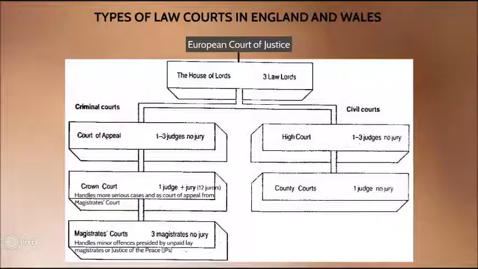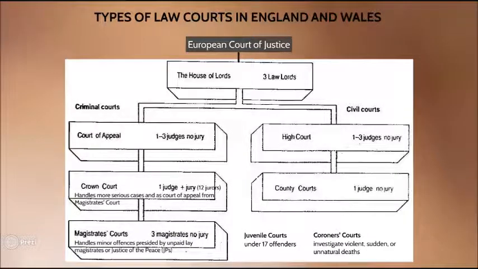The legal system also includes juvenile courts, which deal with offenders under 17, and coroner's courts, which investigate violent, sudden or unnatural deaths.